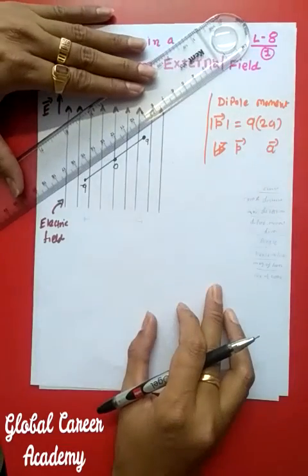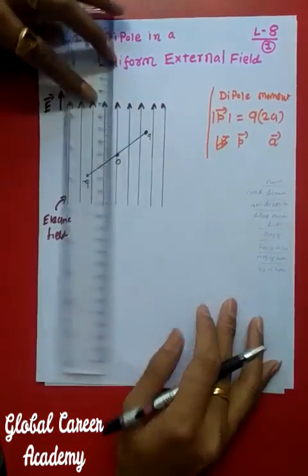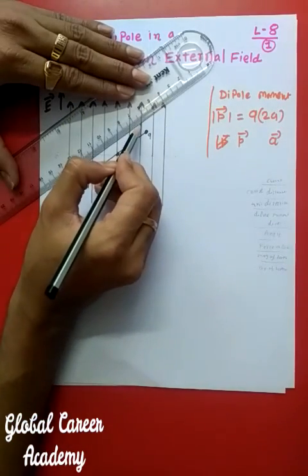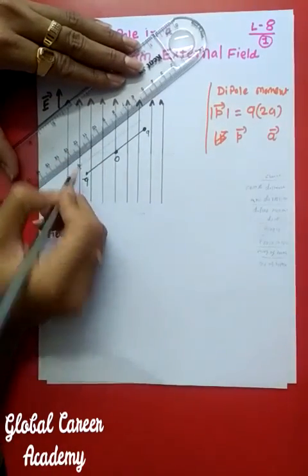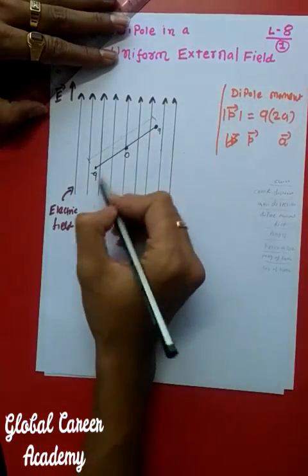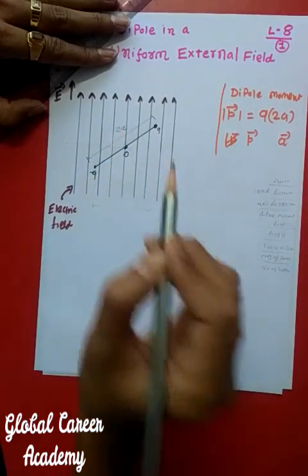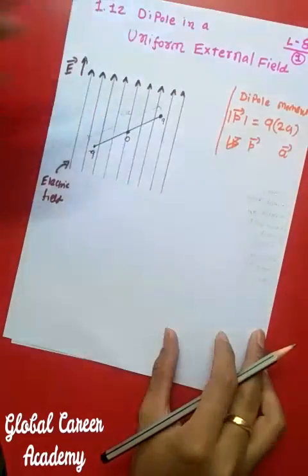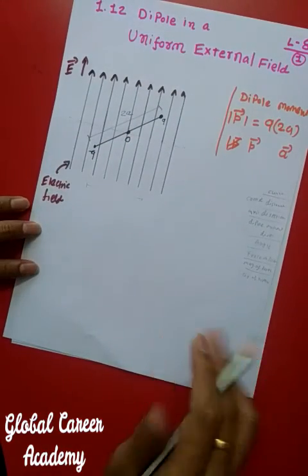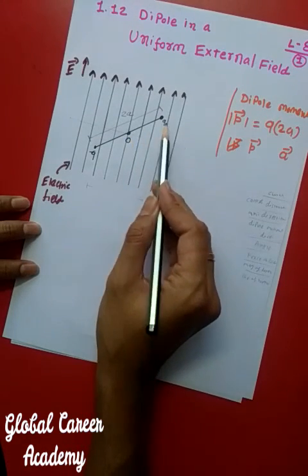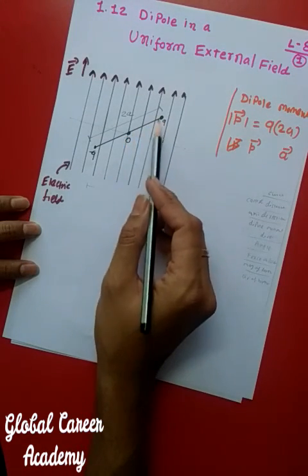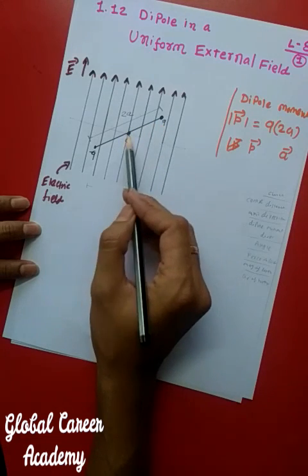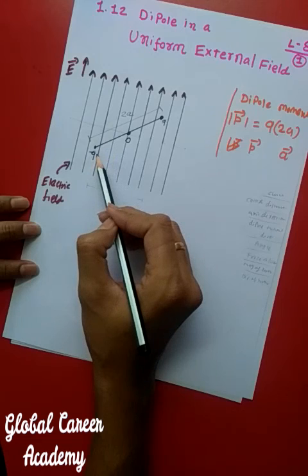Over here I show a parallel line, and I can say that the distance between these two points is 2a, as we have seen in our previous theory. So that is 2a, right? From the origin to any charge the distance is half, that is equal to a. So O to plus q distance is a, O to minus q distance is also a.